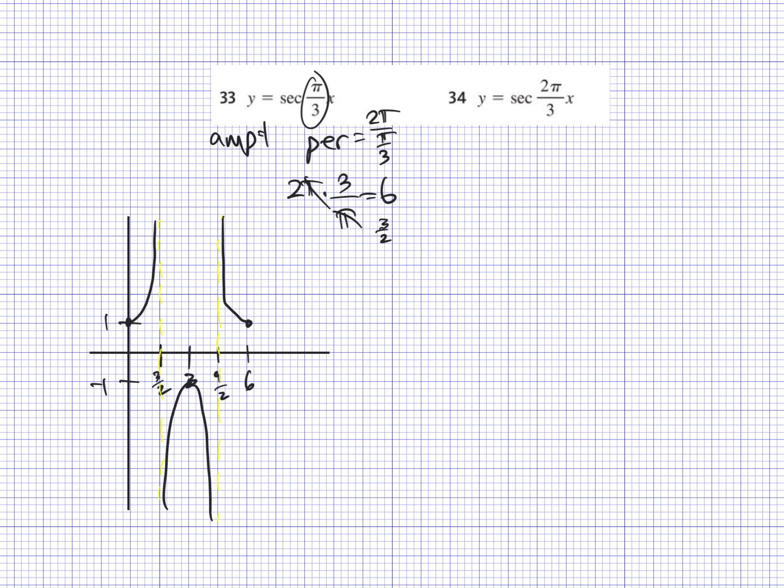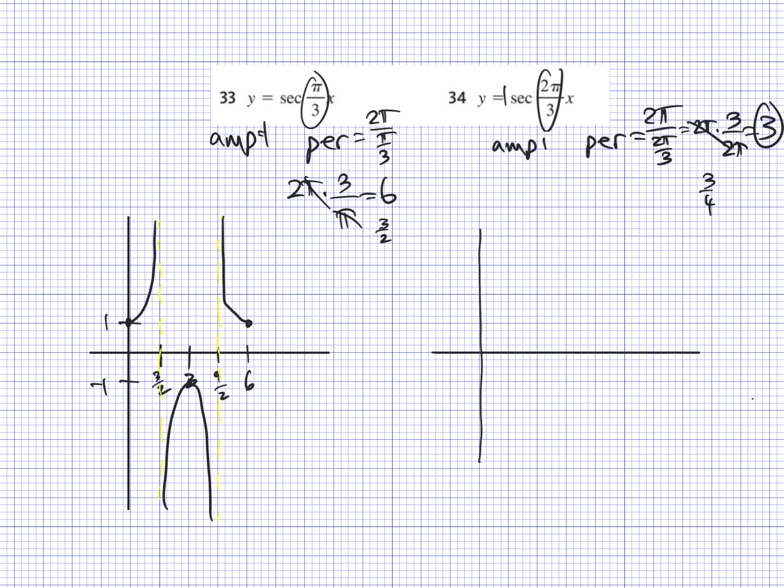Okay, 34. Wow. So our amplitude is still 1. And our period is 2 pi over 2 pi over 3, which is 2 pi times 3 over 2 pi, or 3 is our period. Divided by 4 is 3/4. Again, we're not shifting, so we're going to start at 0 again. I wonder why that first one didn't go on there right. Strange.